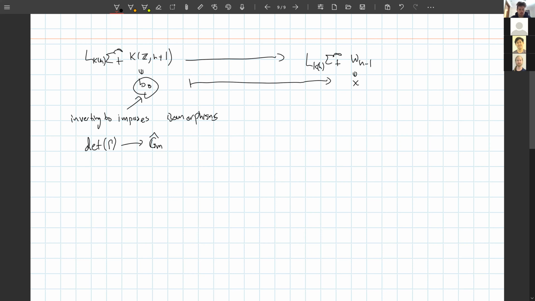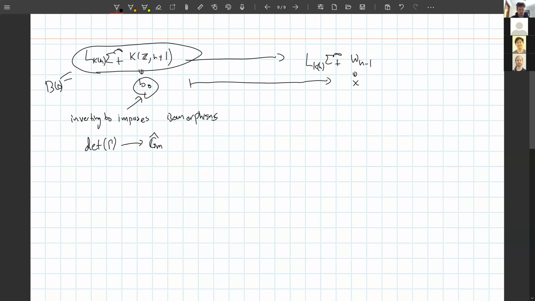If you don't invert this class B0, then homotopy ring maps off of this thing classify just homomorphisms from det gamma to GM. And so we chase this class through this diagram, and if we call this thing B0, this ring here was studied by Craig Westerland and Eric Peterson.